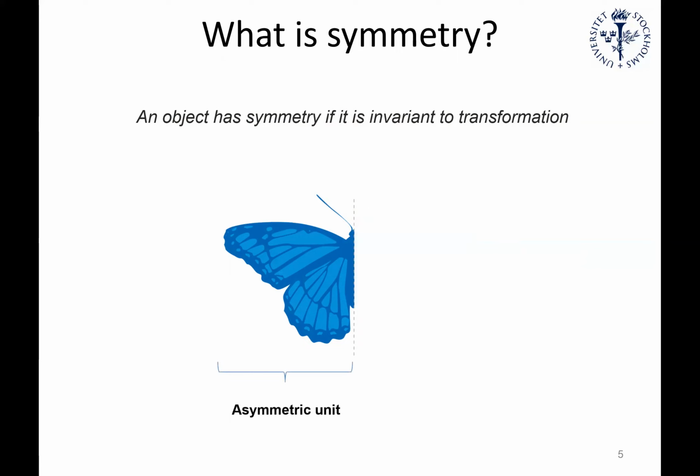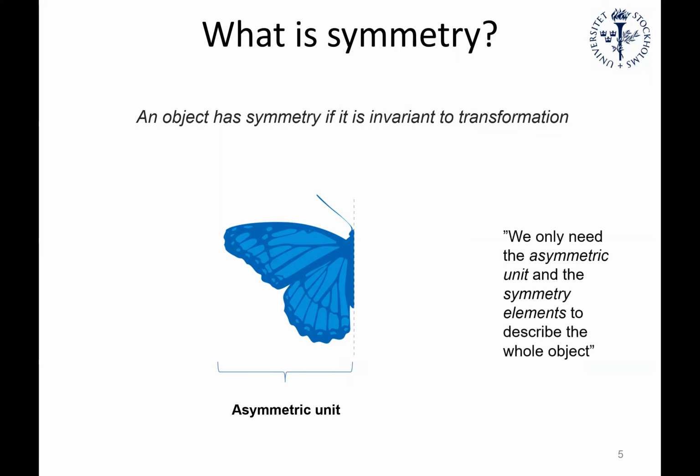So let's say we just look at the left-hand side of the butterfly. Now, in crystallography, we would call this the asymmetric unit. It's the part of the structure that you can repeat with symmetry to get the whole picture later on. If you take the asymmetric unit, we also need to know where our symmetry elements are, things like mirror planes and rotation axes.